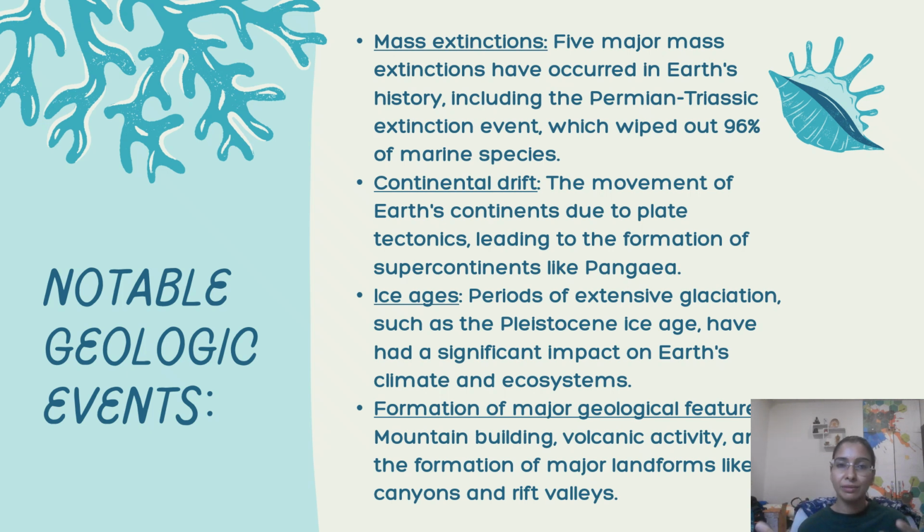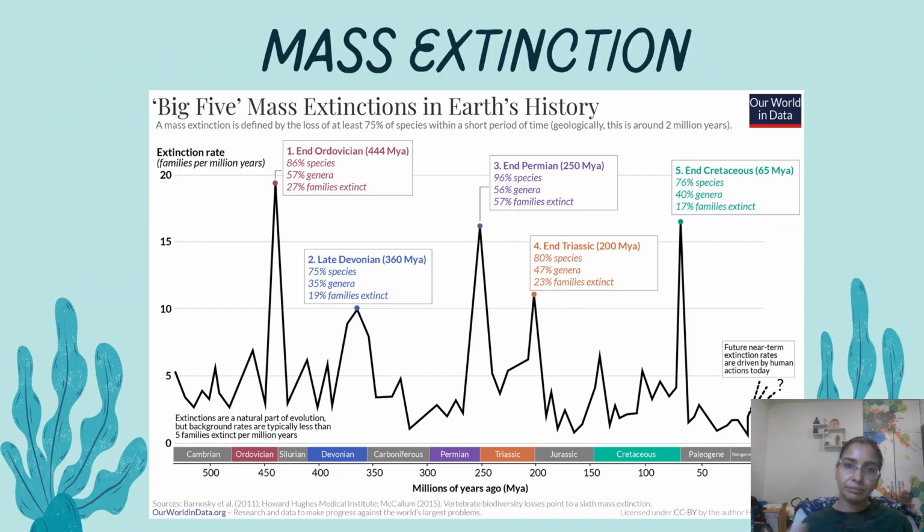Then the ice age, which we very often hear about, where the whole earth was enveloped in ice, and some of the major geographical features like formation of mountains, volcanic activities, and major landforms that we study in geography all happened during this geological time scale. This slide shows the periods when mass extinctions occurred, in which periods of which era.